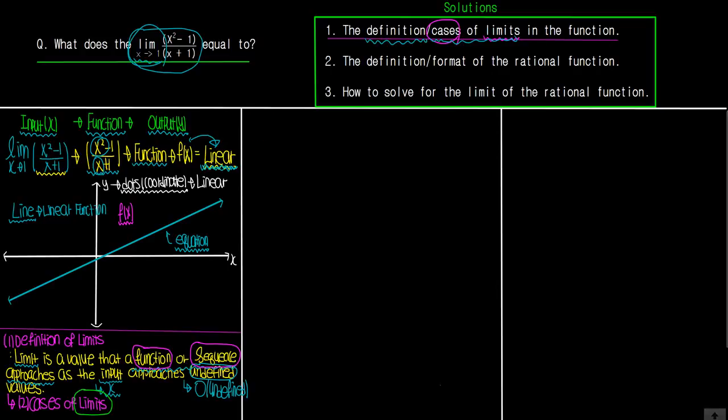If I rewrite it again for the limits, when you apply it to a function, whatever the function is, it can be linear, quadratic, rational, or irrational. Unlike the sequence, the limit of a function looks something like this, where it should always include the word limit.